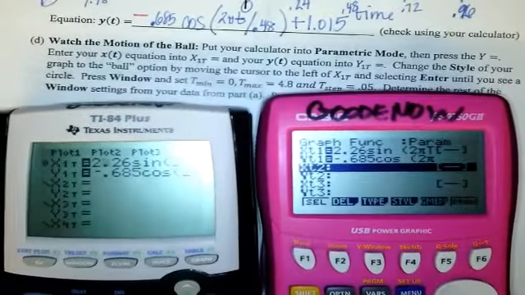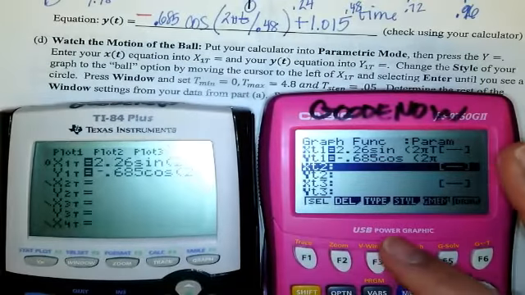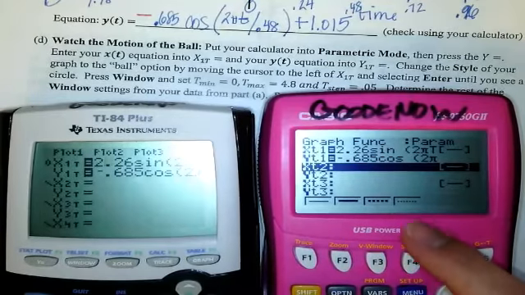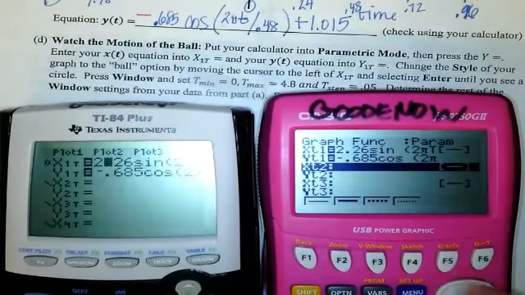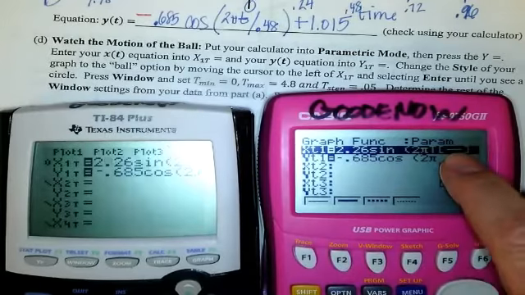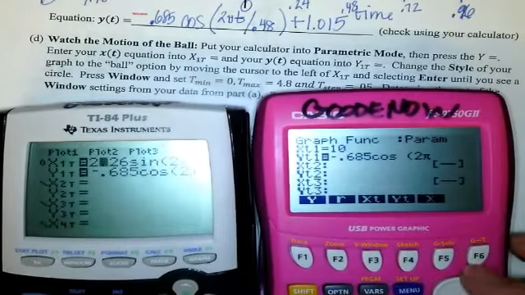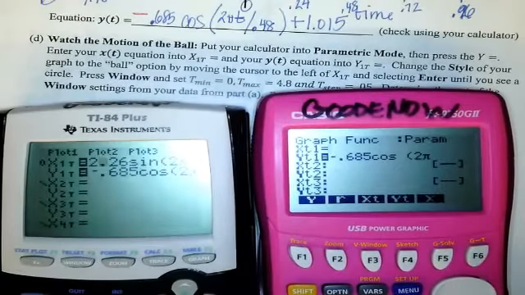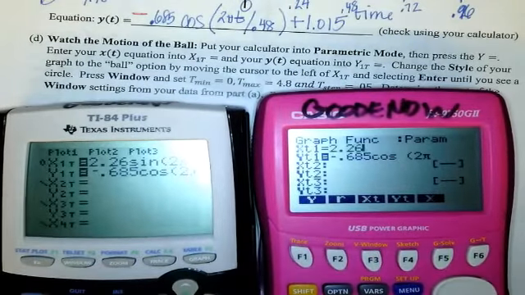On the Casio, we don't have something quite like it, but it's style. So if you go to style, the best option is really just to do the small dots. So you got to move your cursor up to this little line.